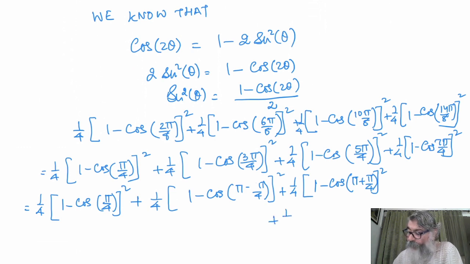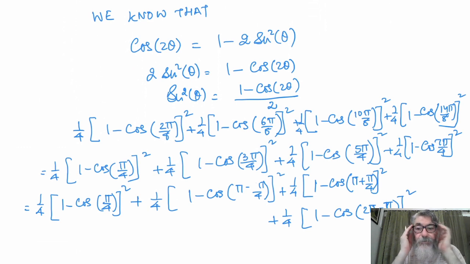Plus 1 upon 4, 1 minus cos of 2 pi minus pi by 4. 2 pi minus pi by 4 will give you 8 pi by 4 minus pi by 4, 7 pi upon 4. So everything is actually in terms of pi by 4.